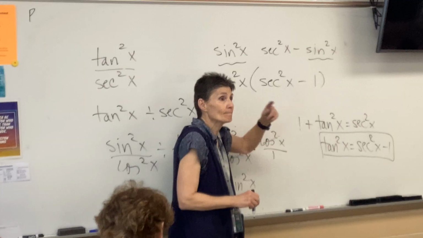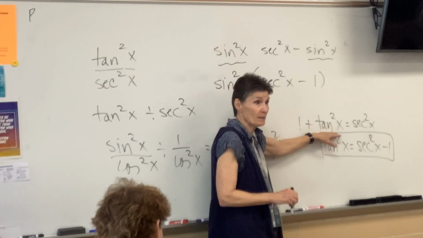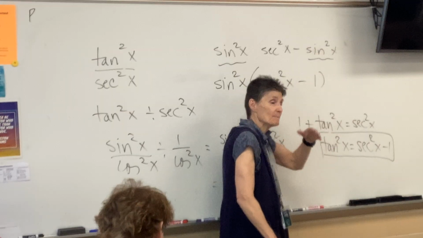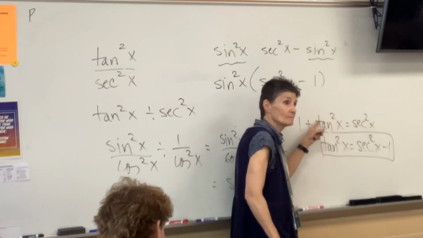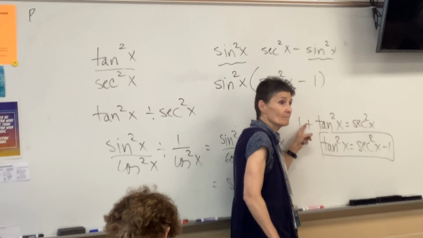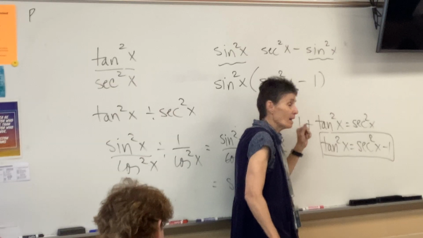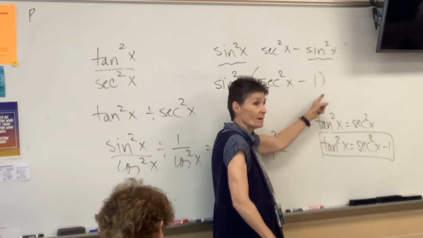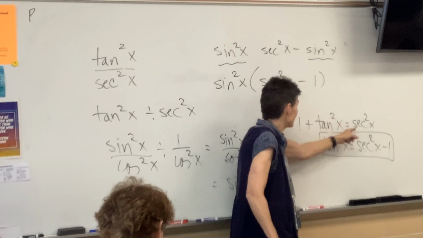Where'd you get the tangent from? On my green sheet, or I keep calling it green, whatever color it is, you have this written down. And I need to deal with this secant squared minus 1. So I'm going to use the identity that involves secant squared and 1.